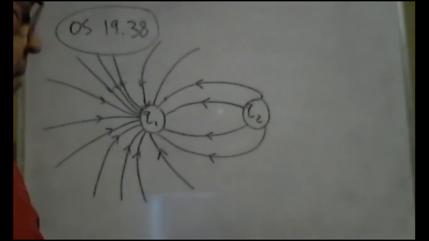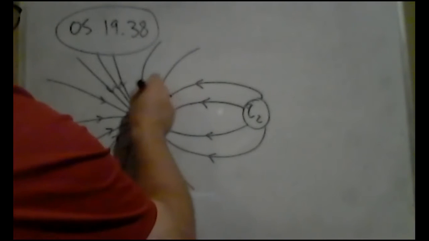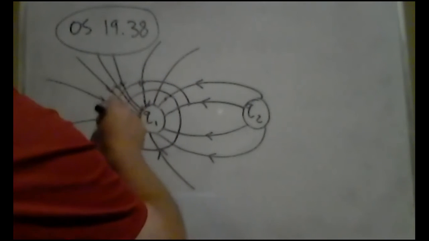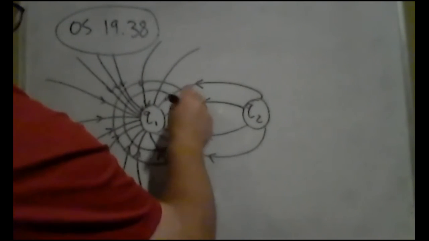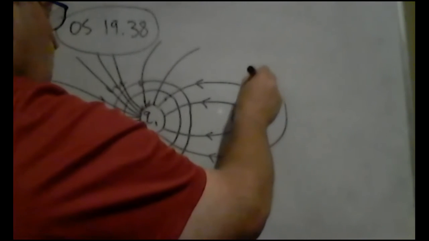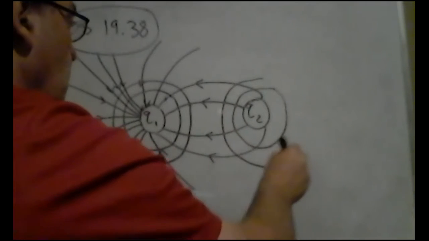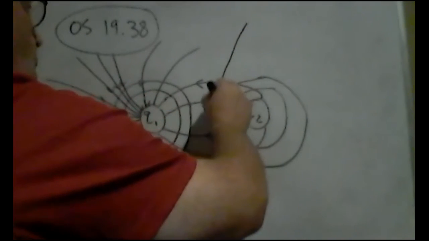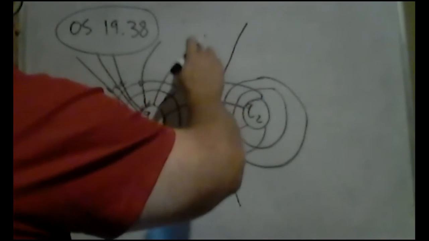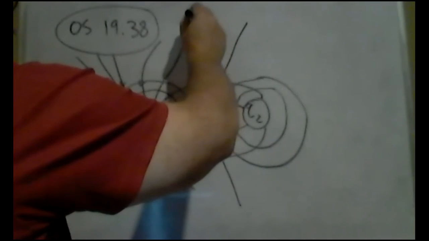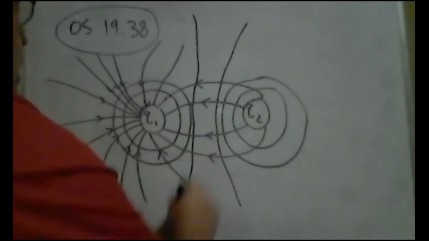Equipotential lines must intersect electric field lines perpendicularly, as we determined, and they are not supposed to cross.